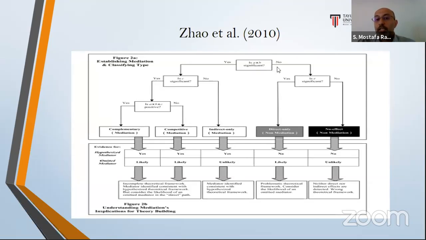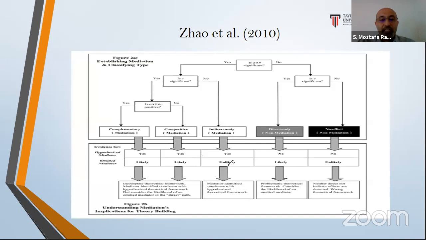So if the AB term is not significant, it means you don't have a mediator. So in the first step, we need to assess the significance of the indirect effect. If it's not significant, we don't have a mediator. If it's significant, right? If it's significant, we have some steps to check.